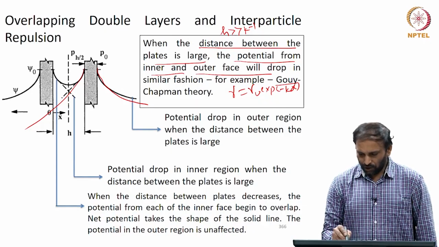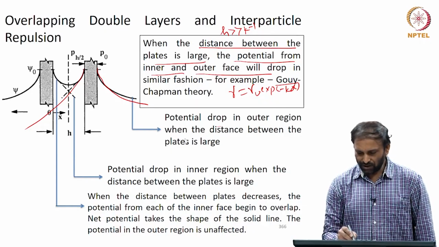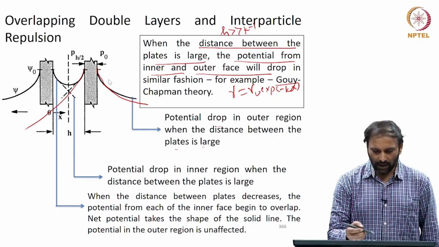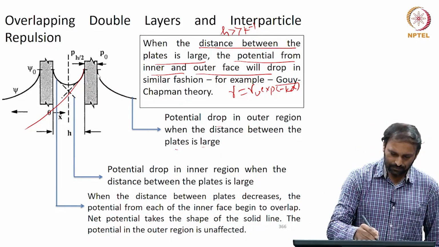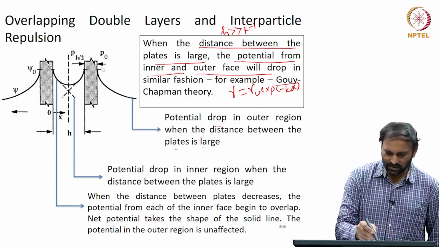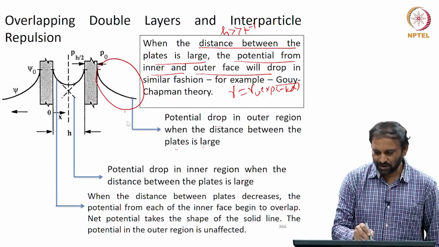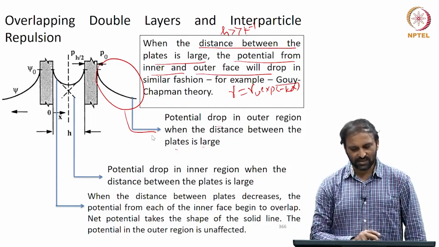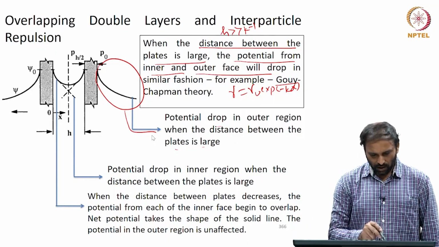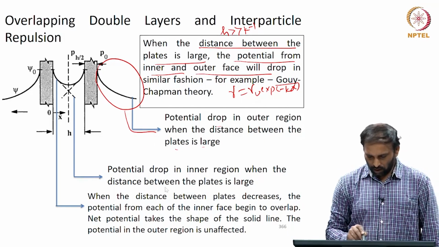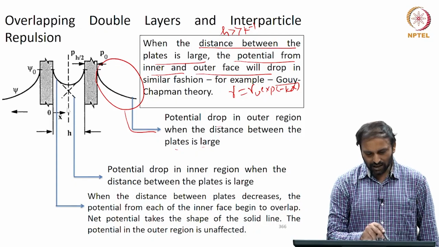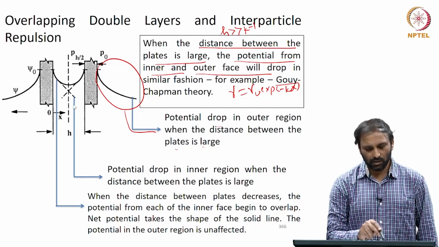The potential drop in the outer region, when the distance between the plates is large, is given by this solid line. This line essentially captures how the potential falls with distance when the distance between the plates is larger. Now, there are some dashed lines in between.